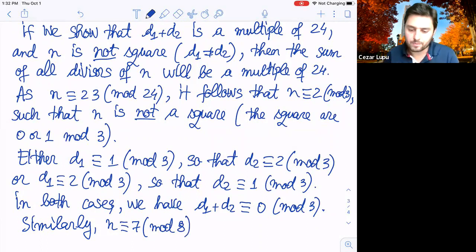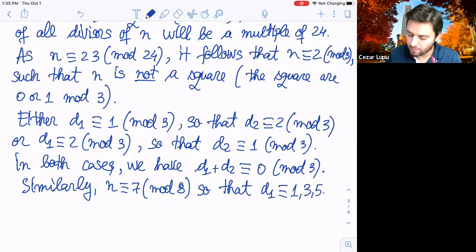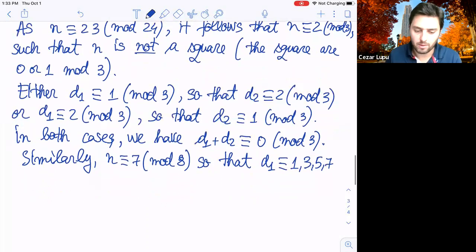So that D1 must be what? If n is 7 mod 8, D1 will be congruent with what? It will be 1, 3, 5, 7 mod 8, right?